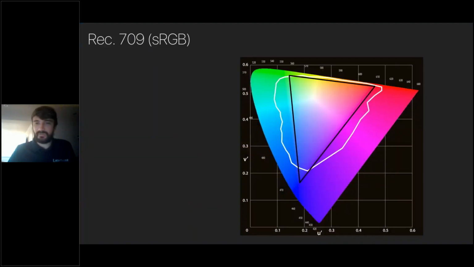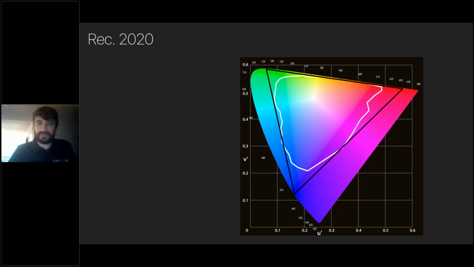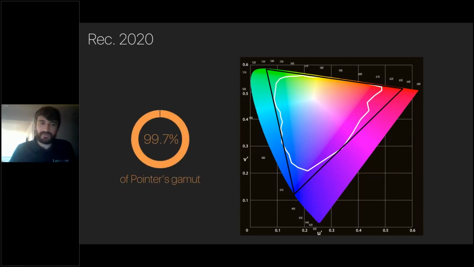So what are the different color spaces capable of? This black triangle is Rec 709 or sRGB from the SDR standards. And you can see we're only covering 70% of Pointer's gamut. So there are a lot of colors that you can't reproduce with Rec 709. However, with HDMI 2.0 and HDR, we have Rec 2020, and you can see that we're covering 99.7% of Pointer's gamut.